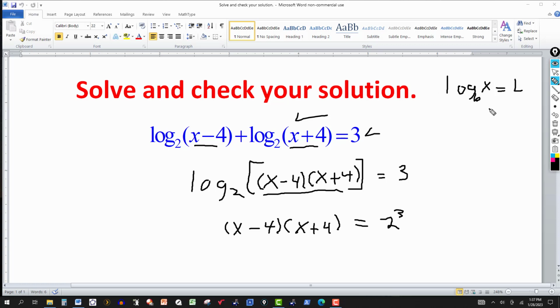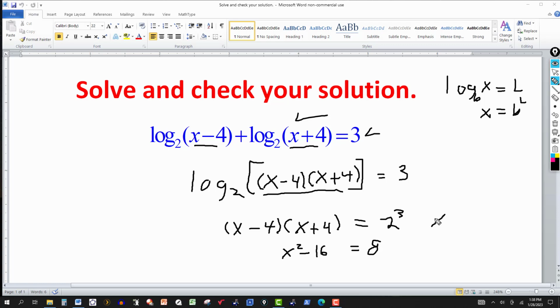To write it in exponential form, you take this expression, in this case x, which should equal the base b to the L power, where L is the exponent. So in this case we have this product, x minus 4 times x plus 4. That gives you x squared minus 16. And 2 to the third power, 3 factors of 2, is 8.